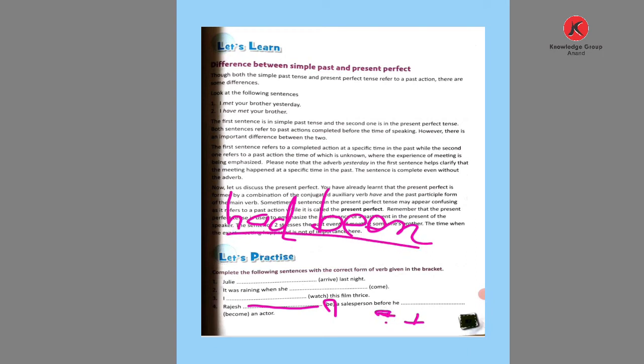Why? Because both events are in the past. That is why we use had. Then become changes into became. So the answer is Rajesh had been a salesman before he became an actor.